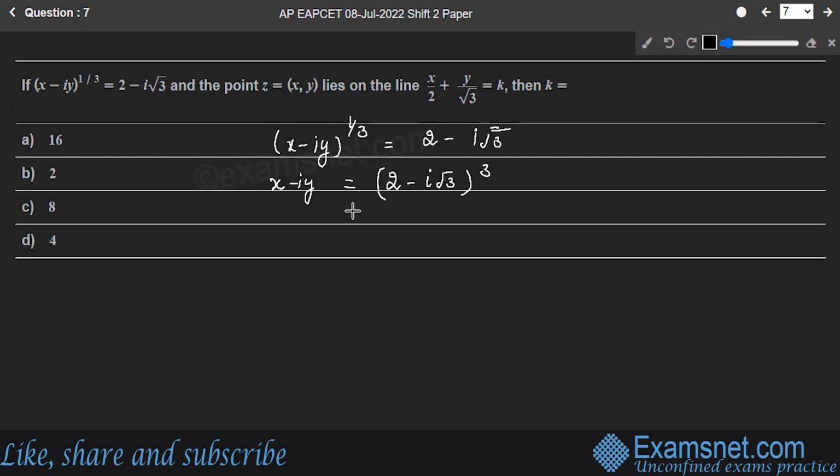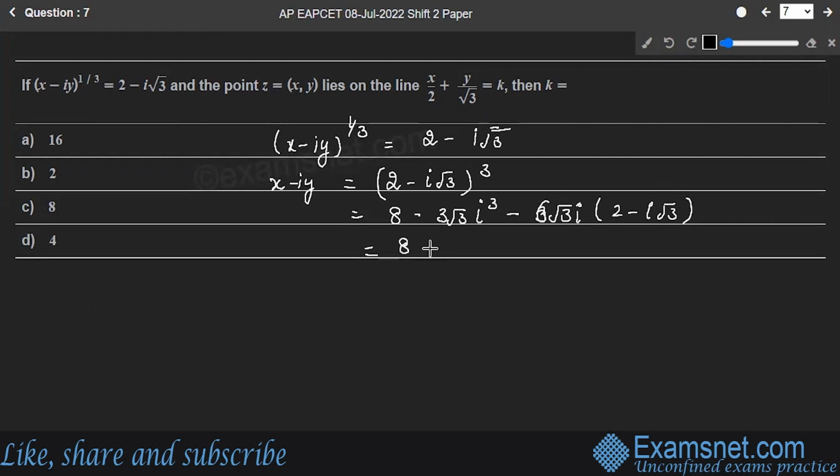Let's open the cube. You will have a cube, then b cube, which will be equal to 3 root 3 iota cube, minus 3a square b, which will give me minus 3ab. So this will give me 6 root 3 iota into (2 minus iota root 3). Iota square is equal to minus 1.